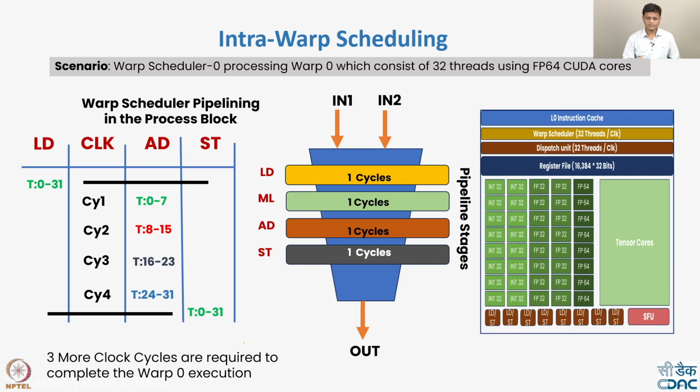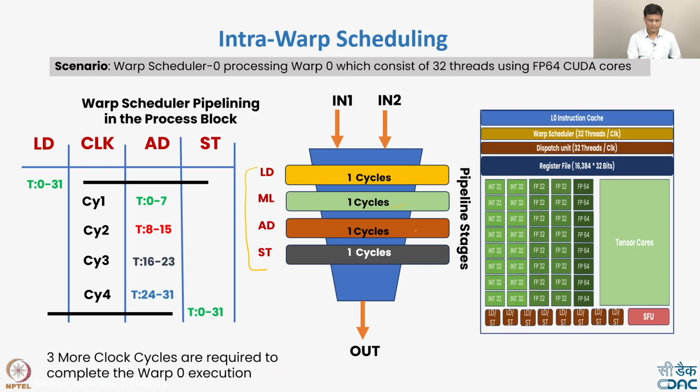To make it simpler, what I have considered here is that the load operation takes 1 clock cycle, multiplication also takes 1 clock cycle, addition also takes 1 clock cycle, and the store operation also 1 clock cycle. These are the pipelining stages.